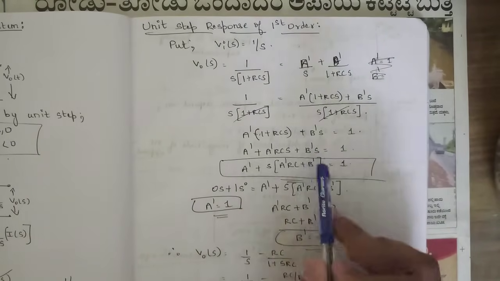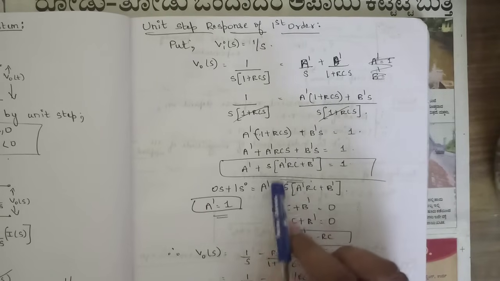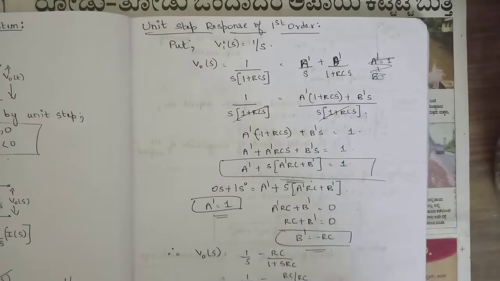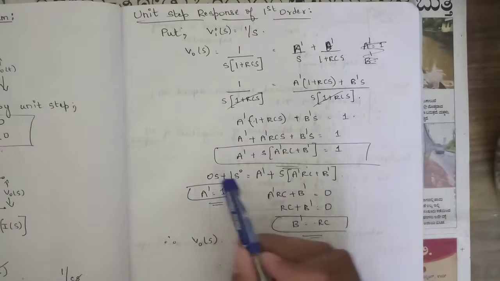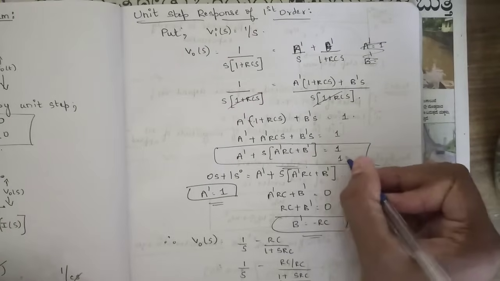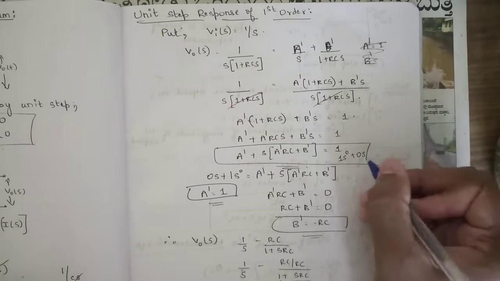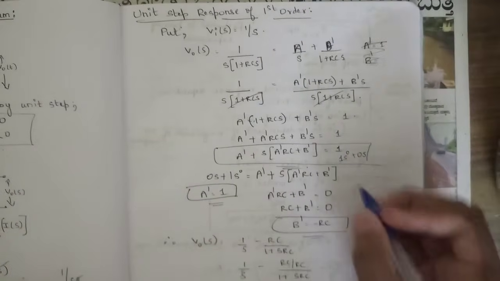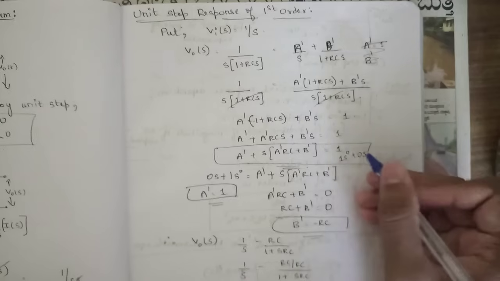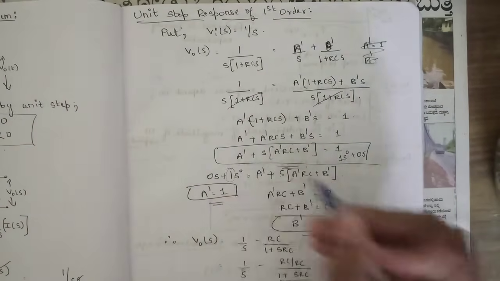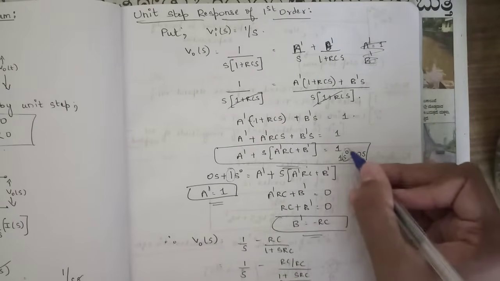S is common here, so take S outside, that is A dash plus S into A dash RC plus B dash is equal to 1. Now consider the powers of S. 1 can also be written as 1 into S to the power 0 plus 0 into S. 0 into S is 0 and 1 into S to the power 0, so we can see that the value of A dash is equal to 1, since the power of S to the power 0 is 1.